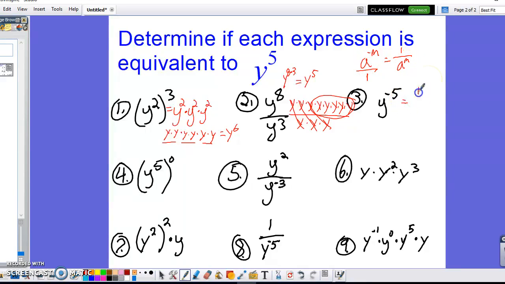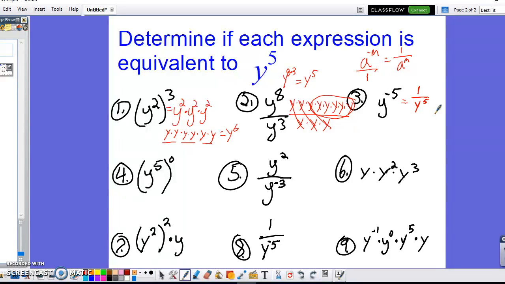So apply that to here, we'd have 1 divided by y to the 5th power, y to the positive 5. And if I look at my original expression, some people might say, hey, they're both y to the 5th, but this is just y to the 5th, and if I write that as a fraction, it'd be over 1. This is 1 divided by y to the 5th, so these are not the same.